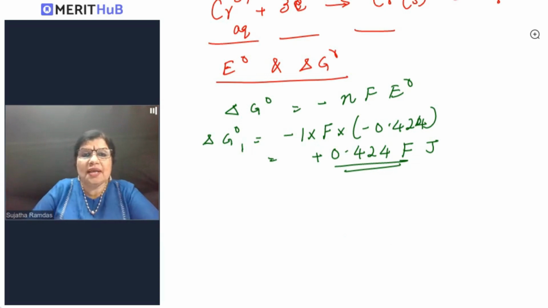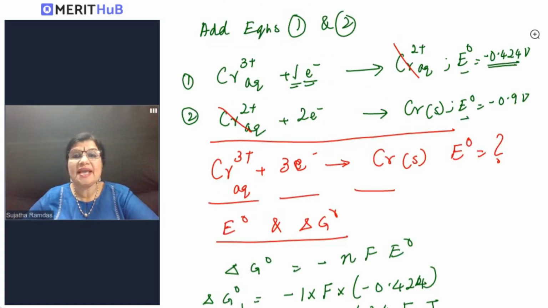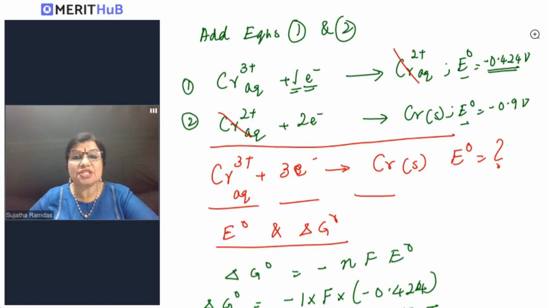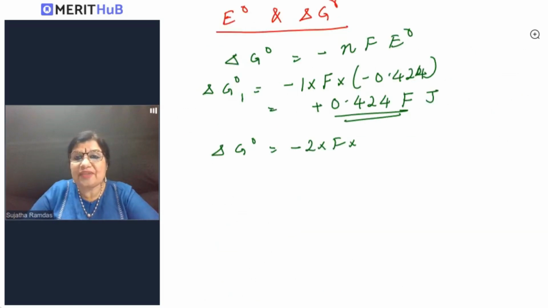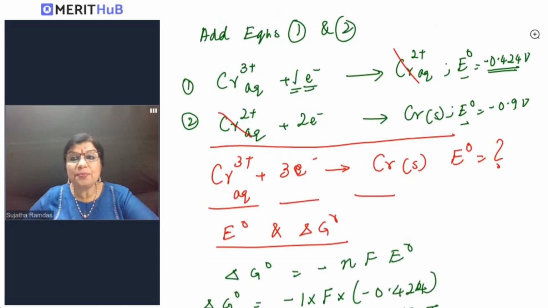Similarly, find out delta G naught 2. What is n equal to in the second equation? n is equal to 2, right? So we write minus 2 into F into minus 0.9. Minus 0.9 was the reduction potential for the second equation.